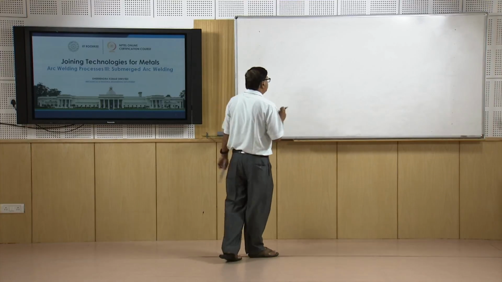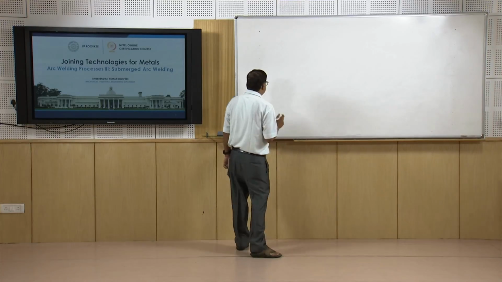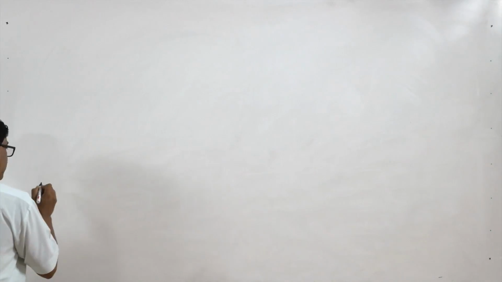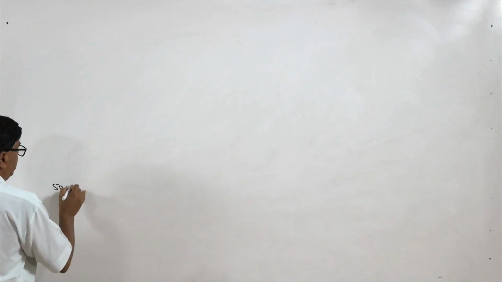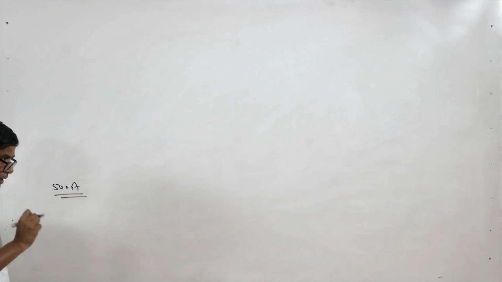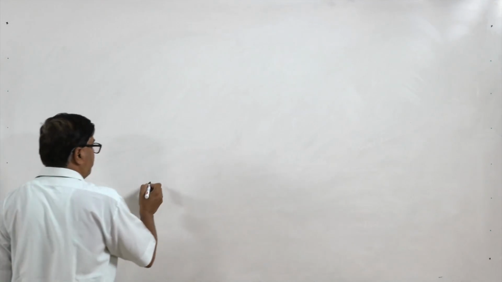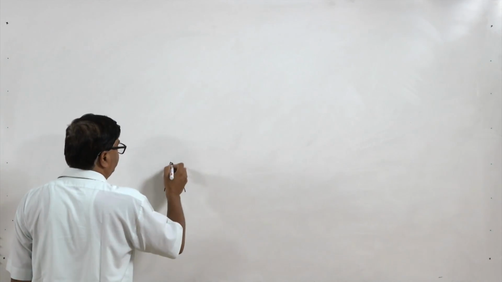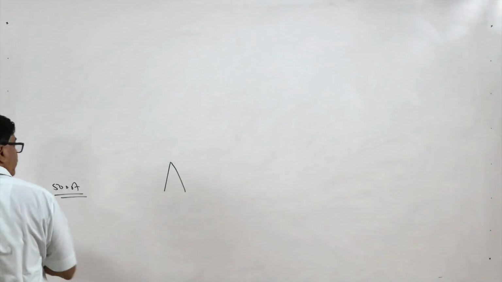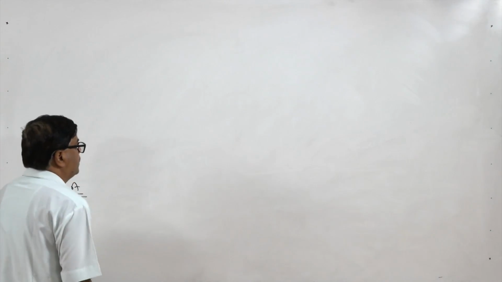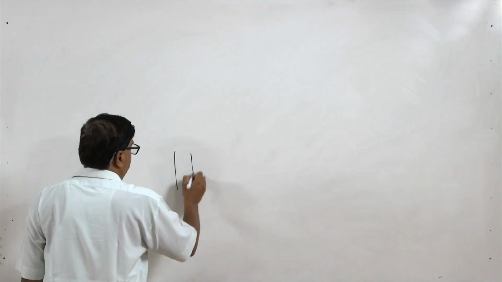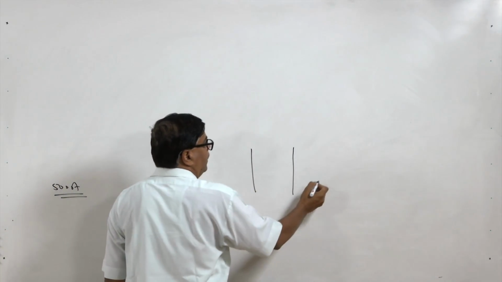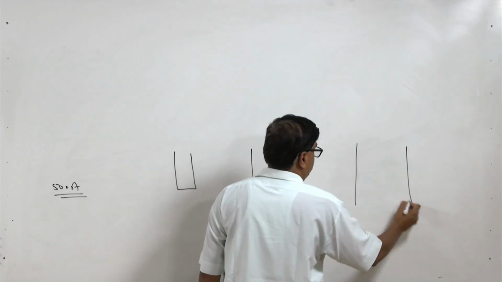Now, I will talk a little bit about the bead geometry aspects. For a given current, for example 500 ampere, we are using 3 different electrodes, say 3 mm size, 4 mm size and 5 mm size electrode.